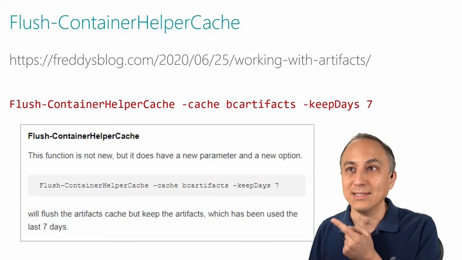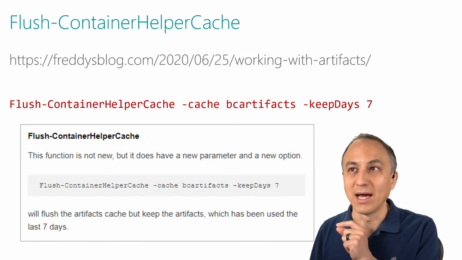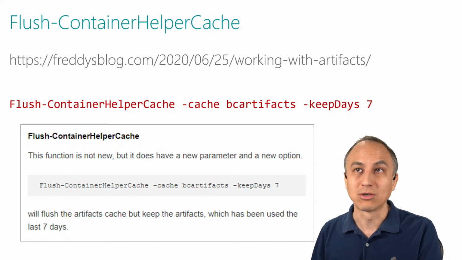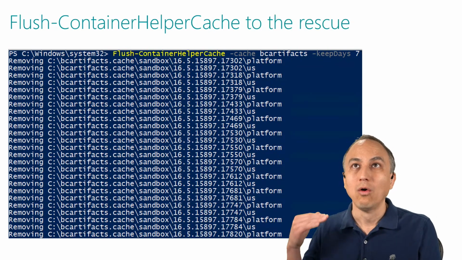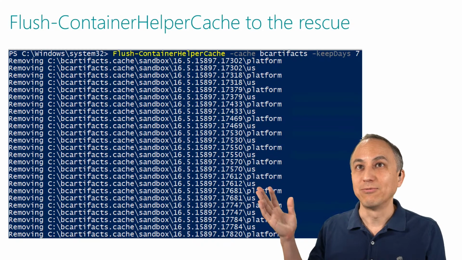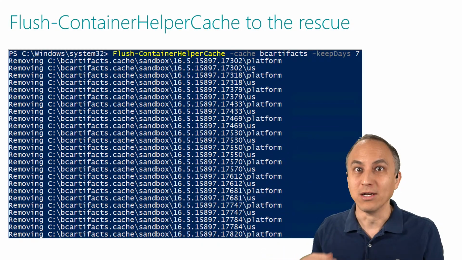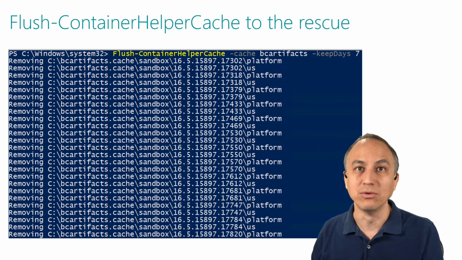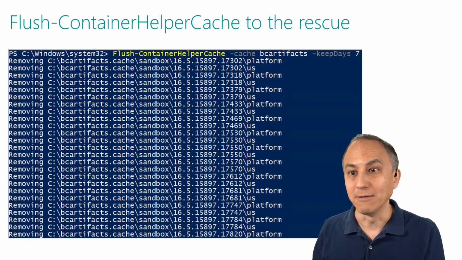Flush-ContainerHelperCache, and -cache BC artifacts -keepDays 7. I don't know all the parameters to this yet, but I just tried this, and look at that. I just ran this and it just started removing all sorts of stuff, and it appears to be faster than using Docker RMI.